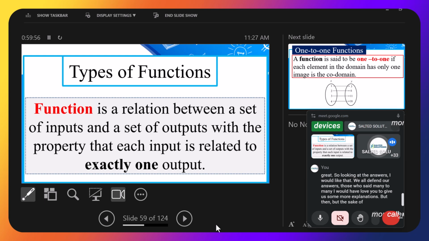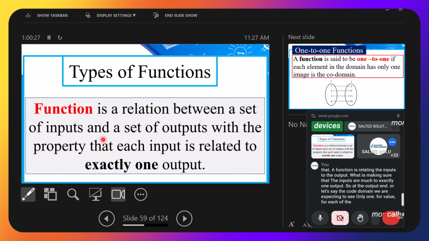So the key word here is that the function is relating the input to the output, but it's making sure that the inputs are matched to exactly one output. So at the output end, or let's say the codomain, we are expecting to see only one value for each of the domain.